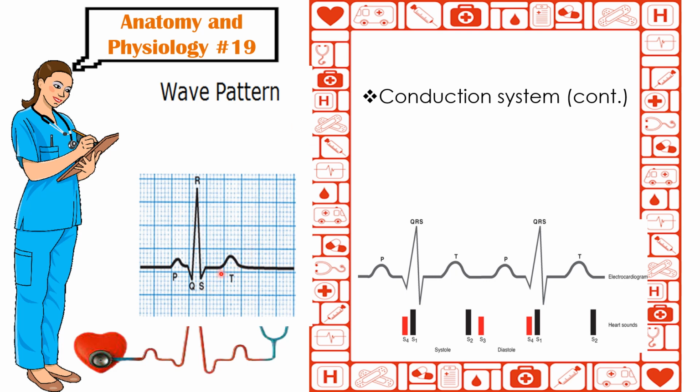A T wave of ventricular repolarization or recovery has a duration that relates to the QRS. The electrical impulse slightly precedes the myocardial contraction that it stimulates. The relation of electrocardiographic waves to the cardiac cycle is again shown in this image.